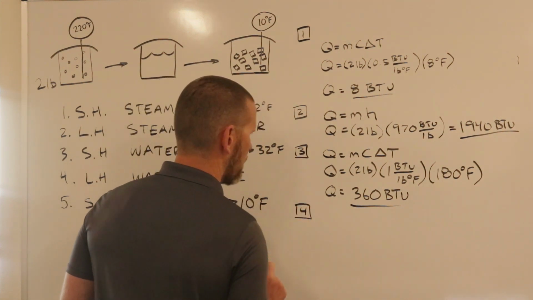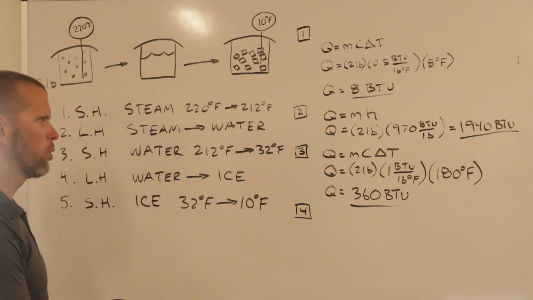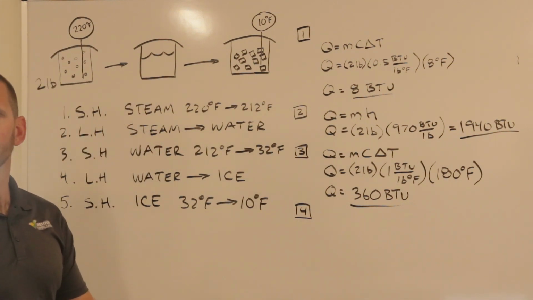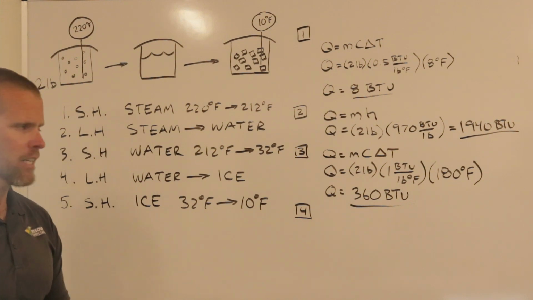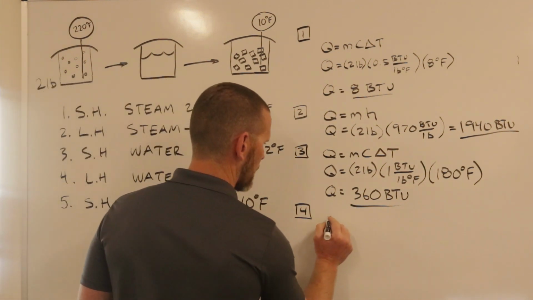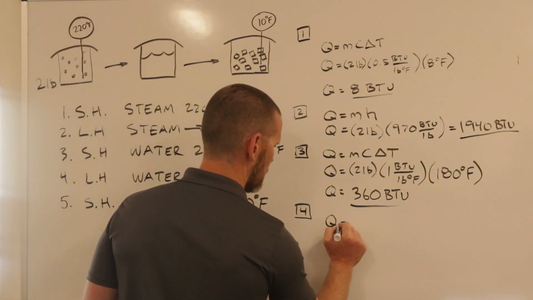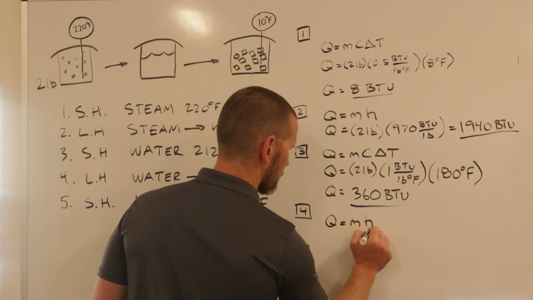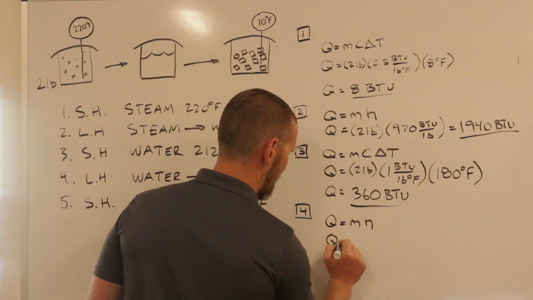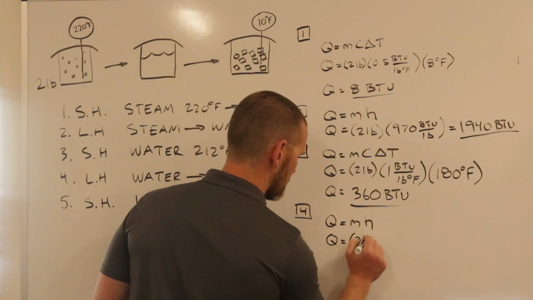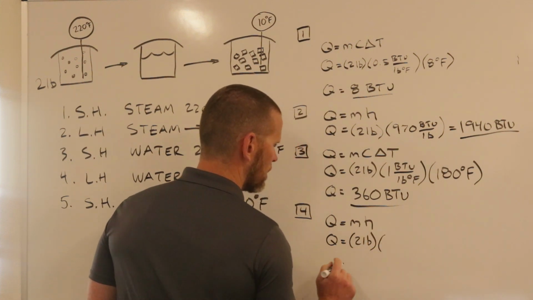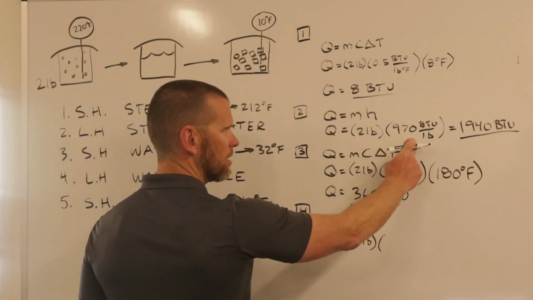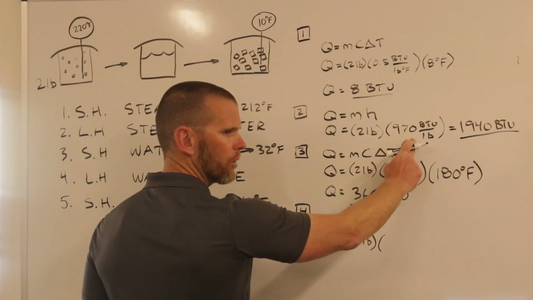Now we have our water cooled all the way down to 32 degrees, and we need to make it into ice. All right, so that's a perfect use of our latent heat equation. Q equals mH. Now in this case, our m is still 2 pounds. That's the easy part. And now H, it's not 970 because we're not going between water and steam.